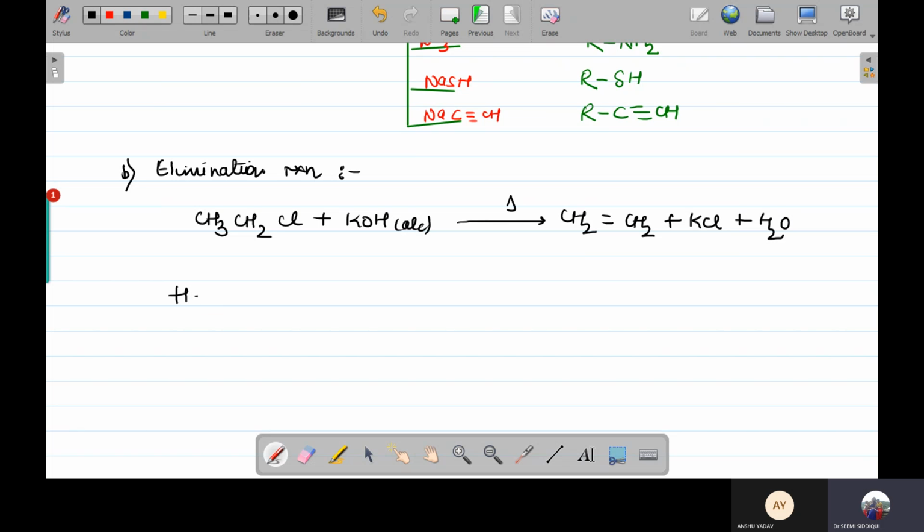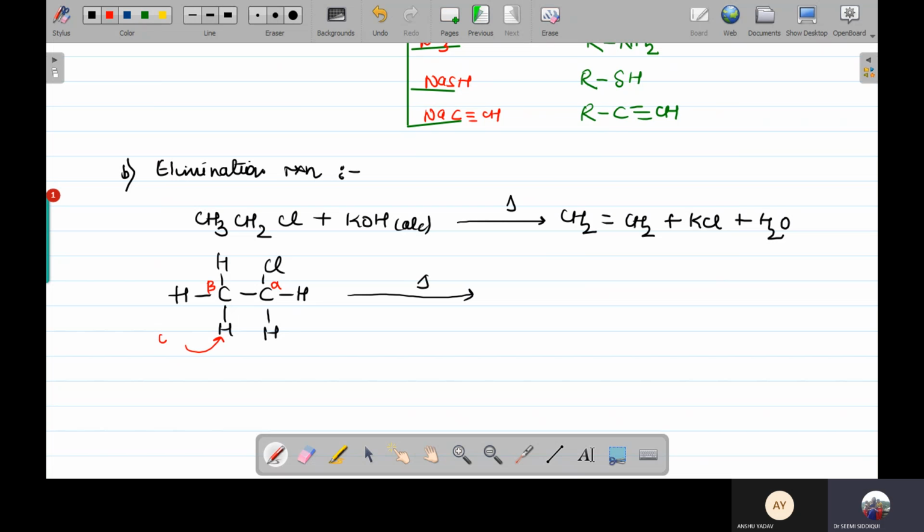Let's understand its mechanism, how it is going to happen. So what is going to happen? This is my alpha carbon atom and this is my beta carbon atom.